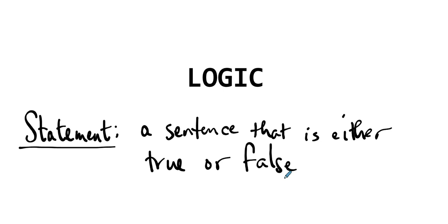It's true if the variable is 3, and false if the variable is 5. When we talk about statements in logic, statements are sentences that are either completely true as written or completely false as written.